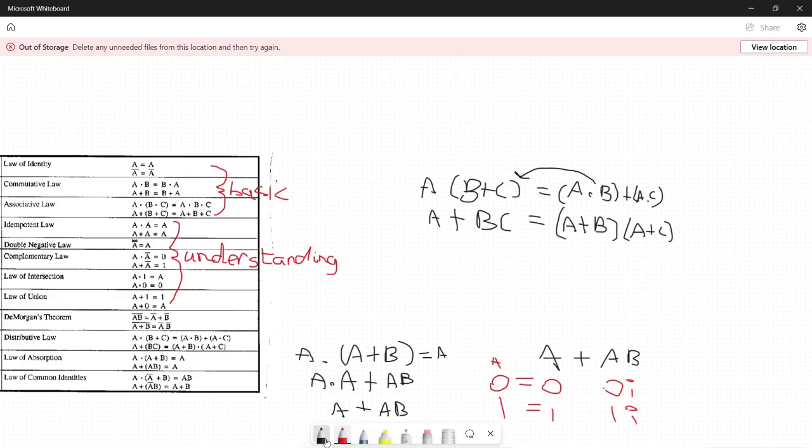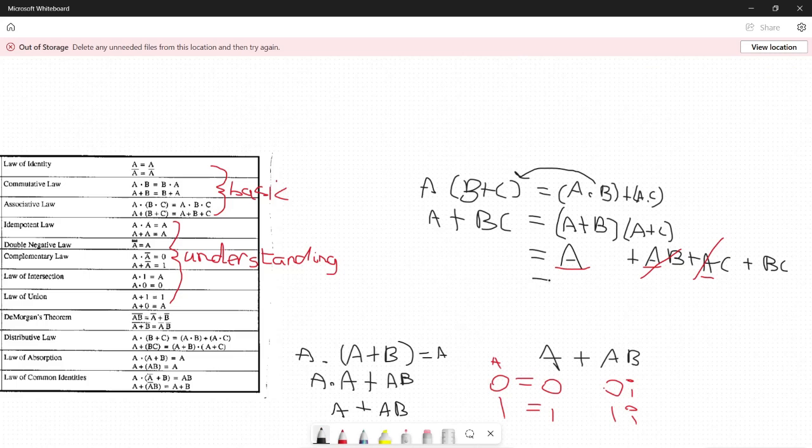Now, we can take this, and we can see that this will be equal to A times A plus AB plus AC plus BC. Now I'm just going to take that 1A away because A times A is just equal to A. And then using this law, I can cross out these two because we have an A by itself, and then we have an A next to another variable.